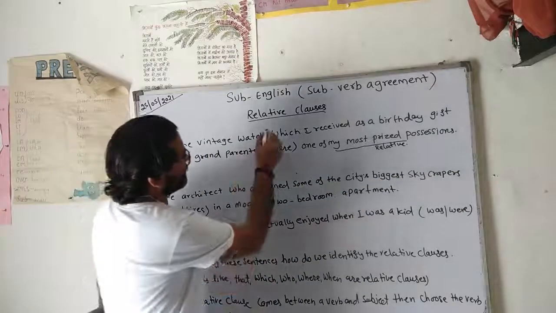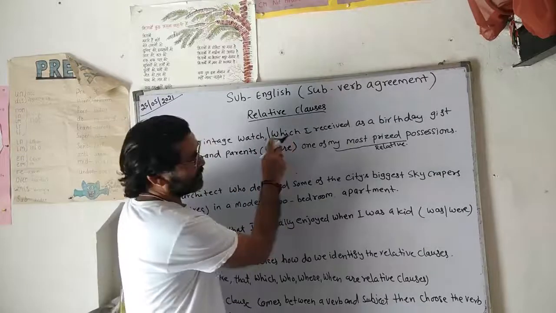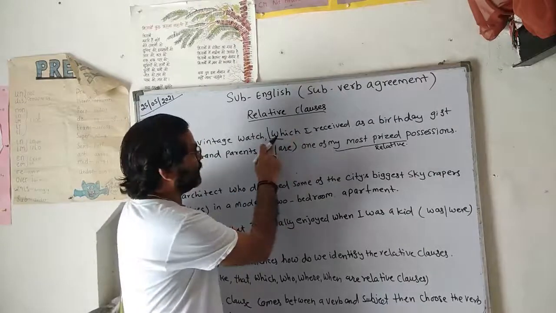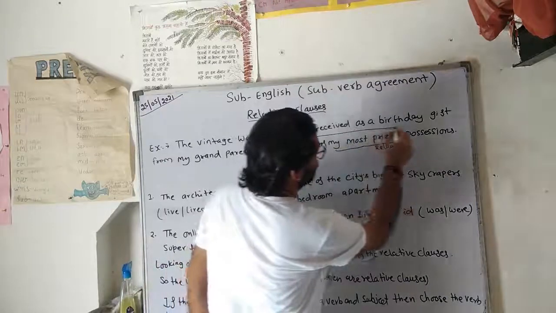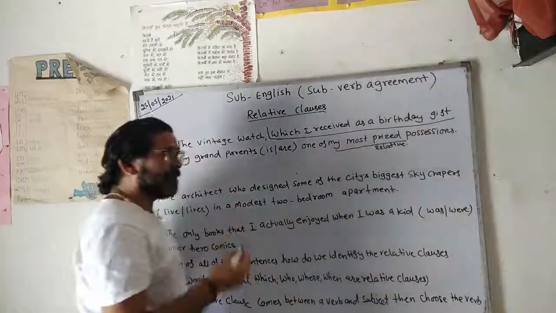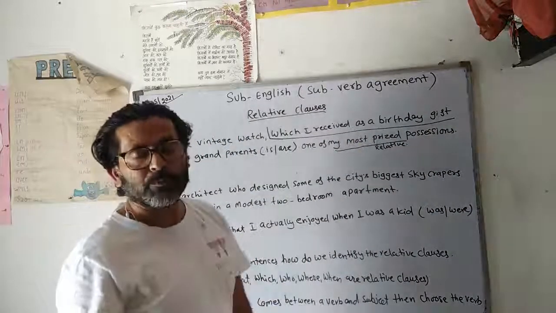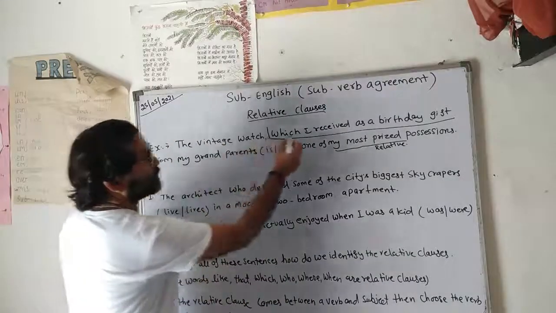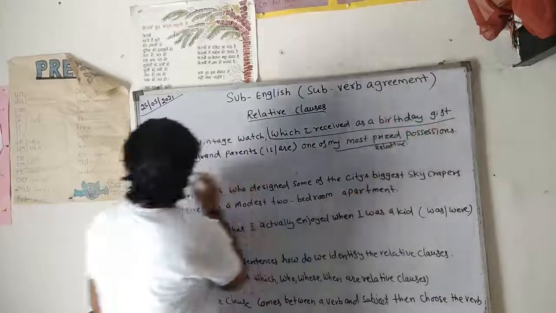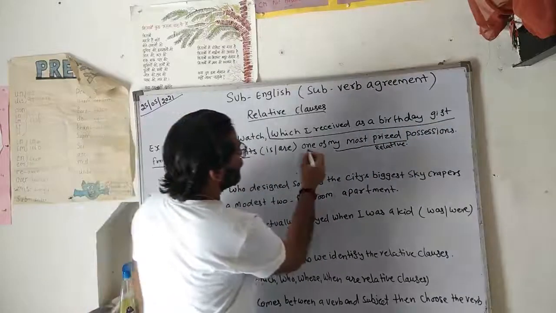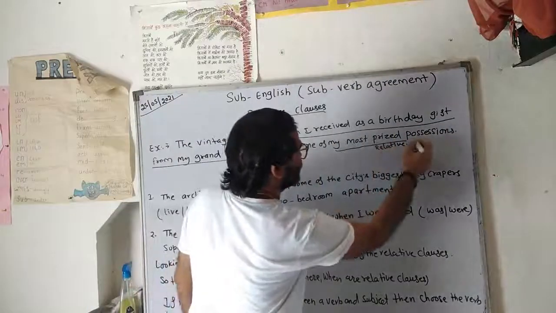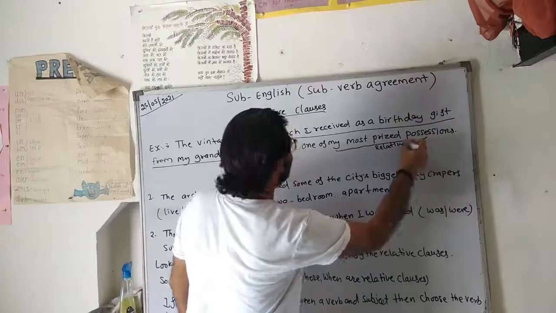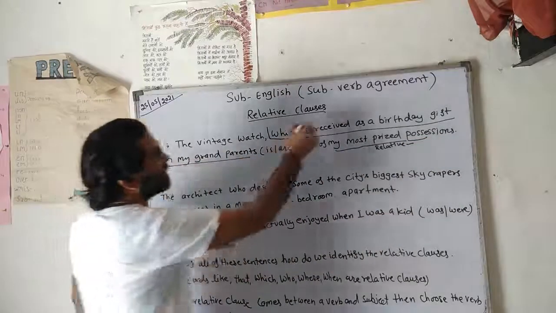The part of the sentence beginning from which is a relative pronoun, and when a part of a sentence begins with a relative pronoun, then it's called a relative clause. So this is a relative clause.